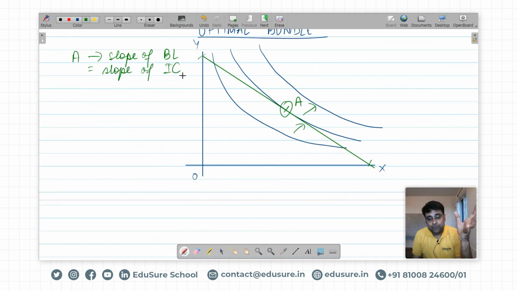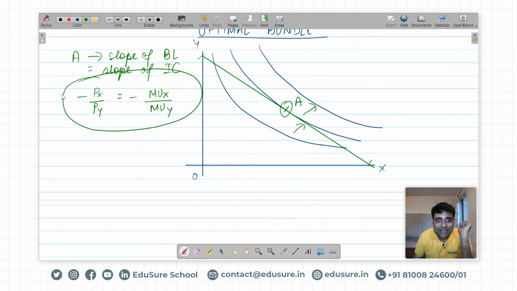That gives us the result that the slope of the budget line, which is minus Px by Py, is equal to the slope of the indifference curve, which is minus marginal utility of X by marginal utility of Y. So for standard convex indifference curves and a linear budget line, the optimal bundle is achievable when I compare the two slopes. As simple as that.